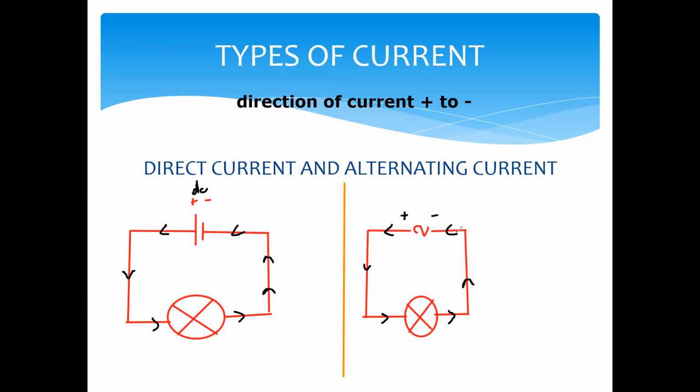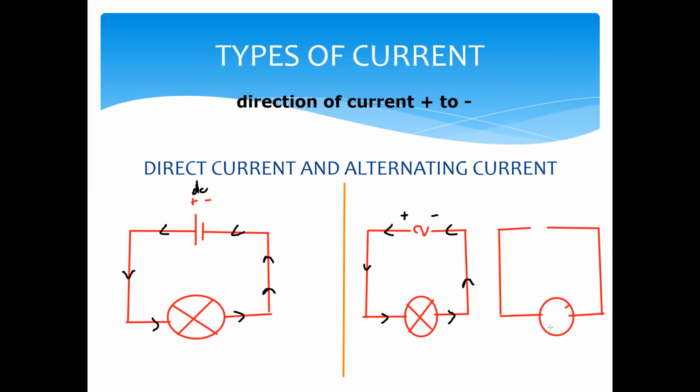If the charges start to move from positive to negative, and then what happens, by itself it changes the terminal. First the left hand side was positive and the right hand side was negative, but now the supply itself changes the direction of the current.